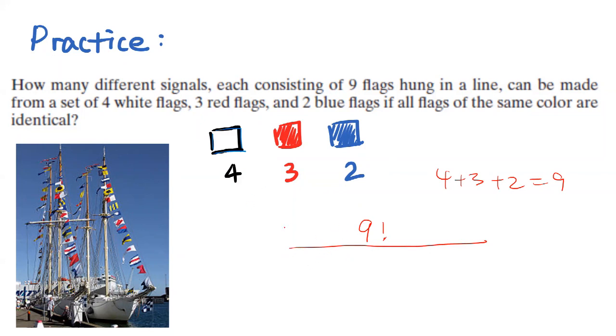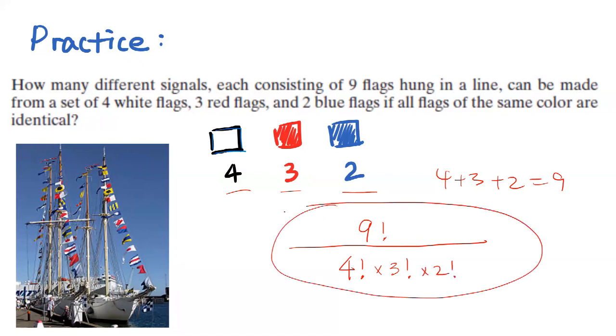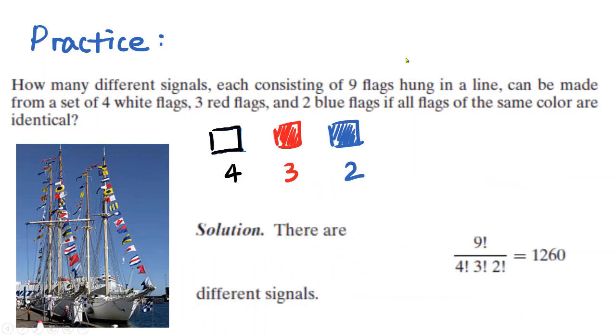The denominator is a product of all these numbers. So 4 factorial times 3 factorial times 2 factorial. This is the total number of permutations on this multiset, right? Okay, any questions? No? Okay, let's see the next one.